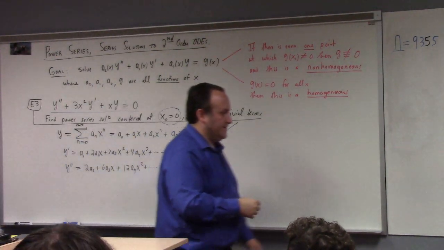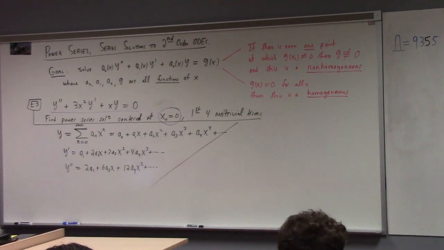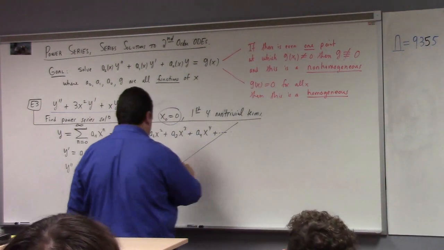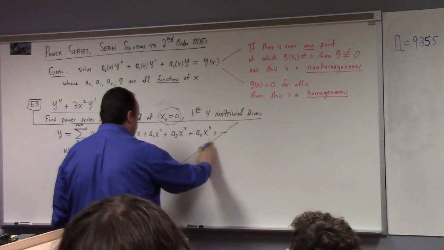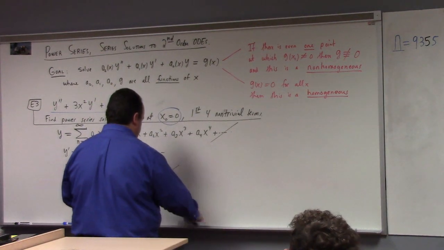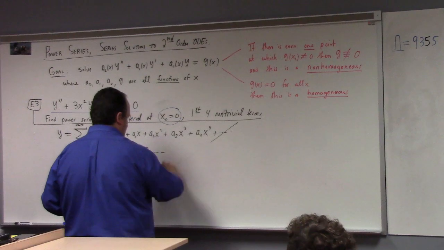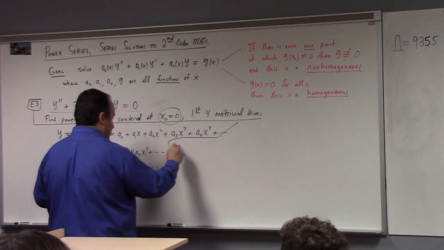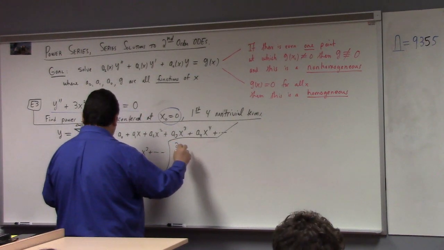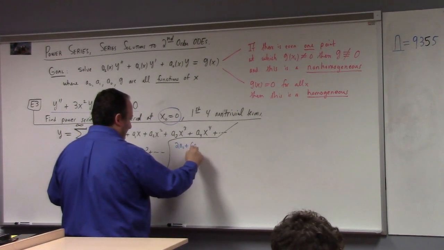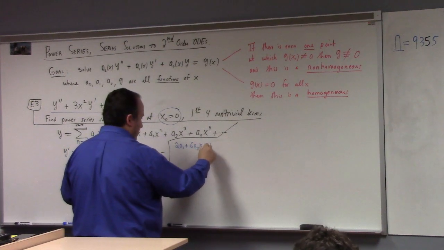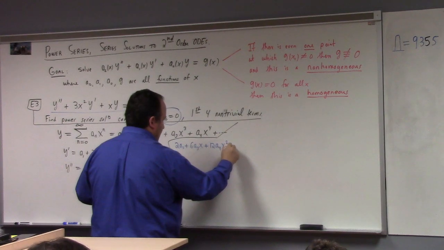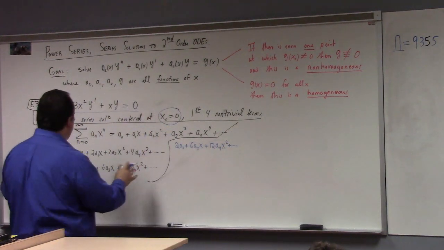So y prime prime is the first thing. So what do we got? I'll write down here, making myself some room. I've got 2a2 plus 6a3x plus 12a4x squared plus ... That is my y prime prime term.